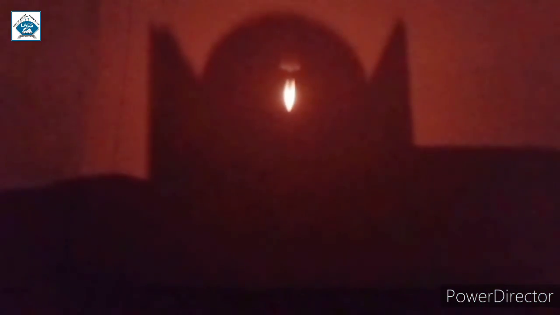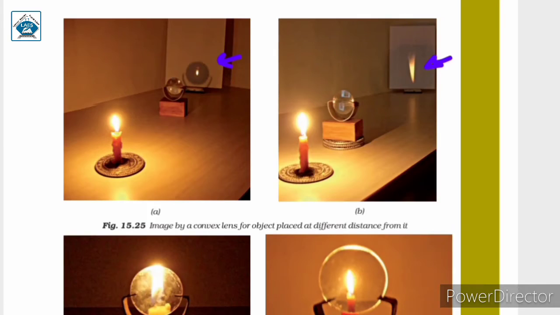All the observations must be recorded in a table similar to table 15.1. After performing this activity, you will be able to know that images formed by a convex lens are of two types, real and virtual.